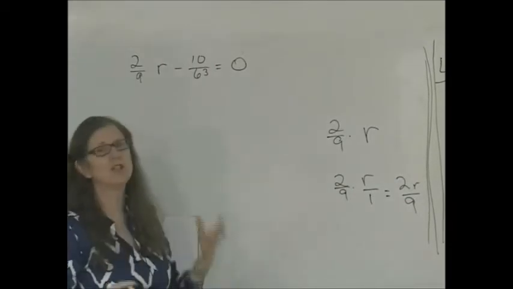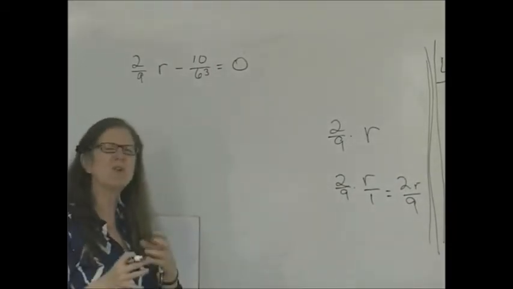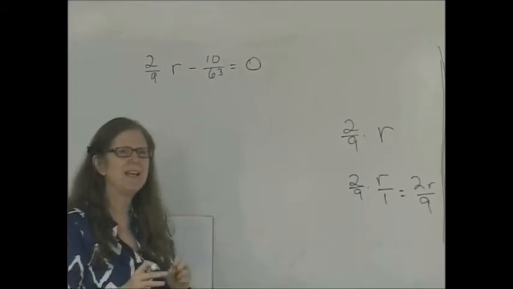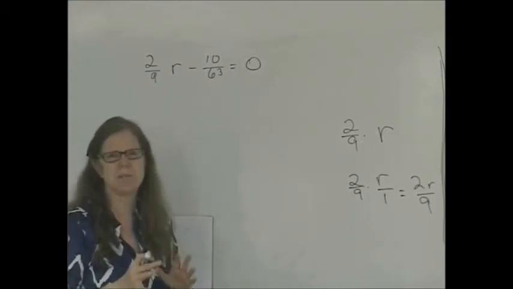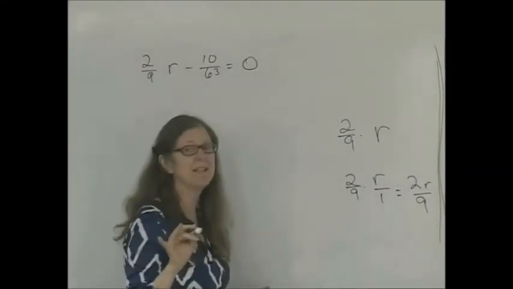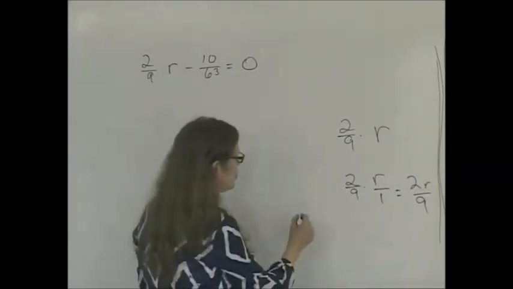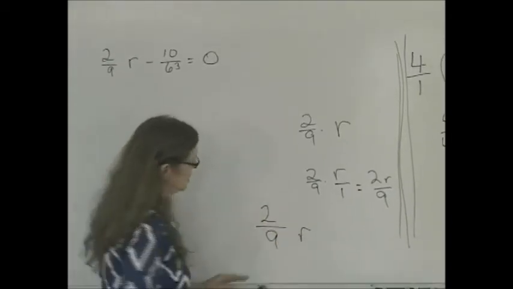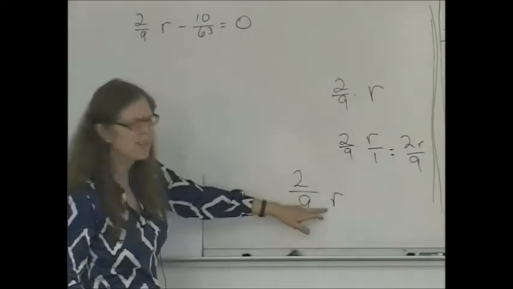What I want to caution you, a lot of times if people don't quite understand the underlying meanings of things, they can manipulate things and make arithmetic mistakes with them. So I've seen students do this many times. That's why I'm warning you. You don't want to think this, 2/9 times r. Do you see that the r was written low?